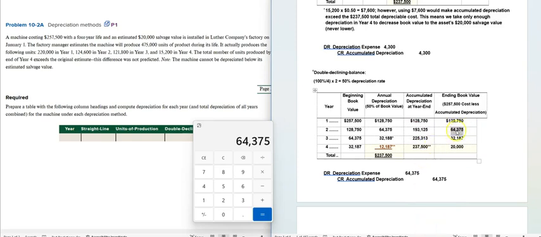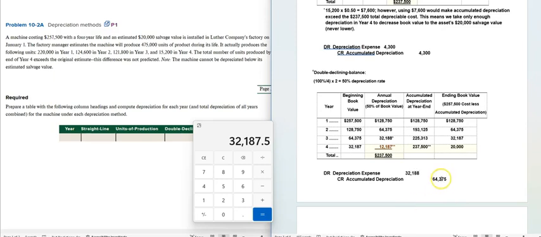Year 2's ending book value becomes year 3's beginning. End of year 3, when I'm determining depreciation expense, I take the beginning year book value, multiply it times 50%. Depreciation expense for year 3 will be $32,188, rounding up.